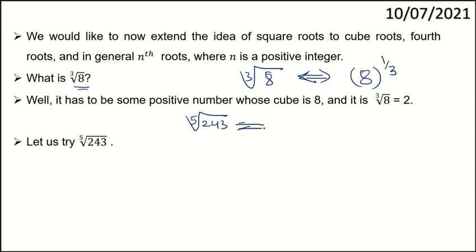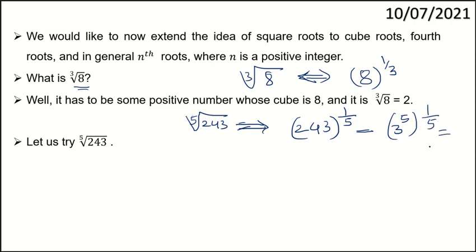If you convert it into exponential form, 243 whole power 1 by 5. You know, 243, if you prime factorize it, becomes 3 to the power 5. 3 to the power 5 whole power 1 by 5.